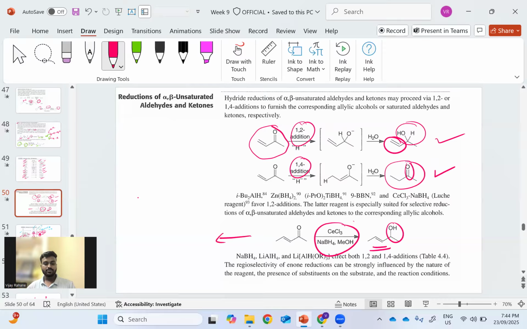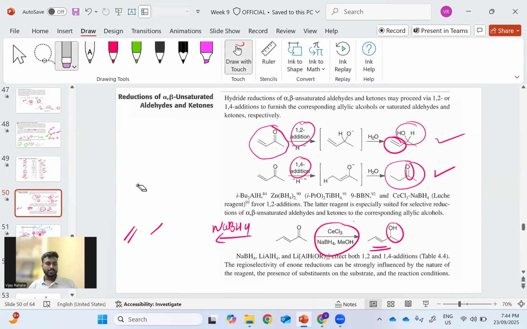But in the case when you use the NaBH4 without cerium trichloride, it will show the reduction of this double bond as well.